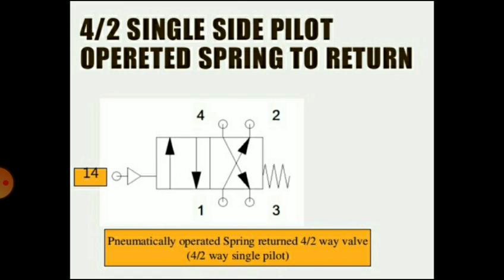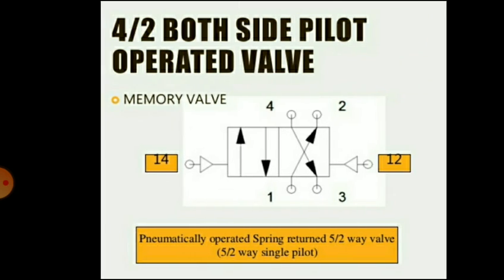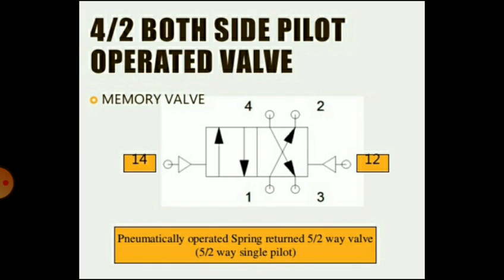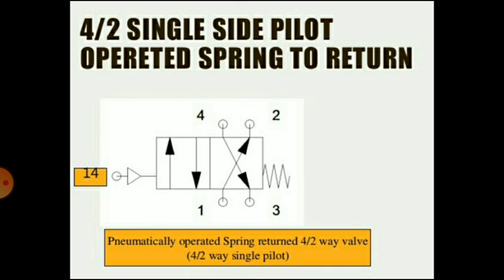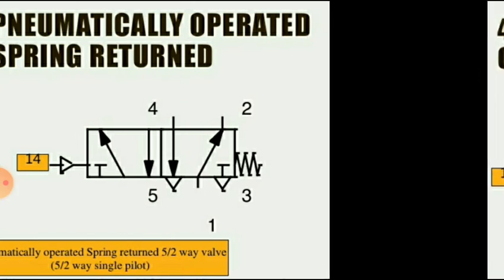So you can see the spring return at the right hand side of the valve, and it is not spring return. So this 4x2 valve is not spring return, it is a both side pilot operated valve.